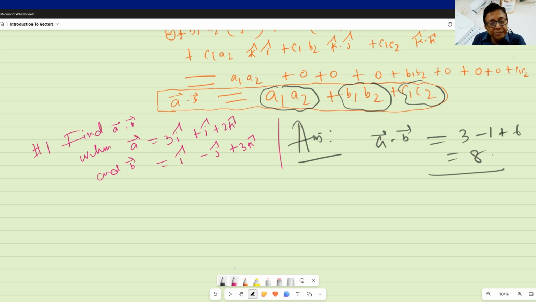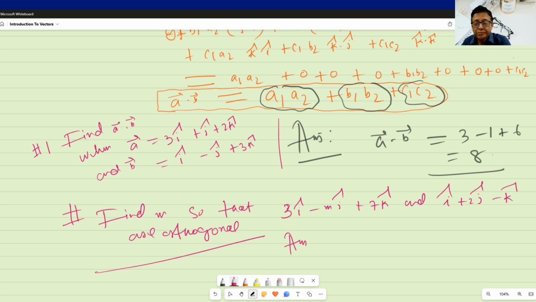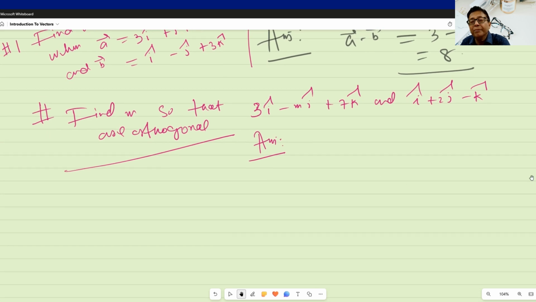Now another question. Find m so that 3i minus mj plus 7k and i plus 2j minus k are orthogonal. Orthogonal means perpendicular. For what value of m are they going to be perpendicular, this we are going to find.